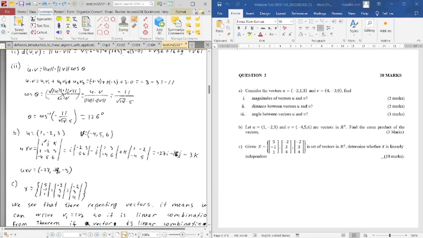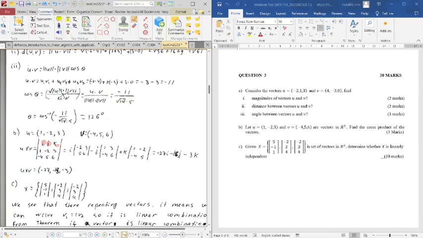In the first row we put i, j and k, in the second row we put our first vector, and in the third row we put our second vector. Then we calculate the determinant as we did in the first question.